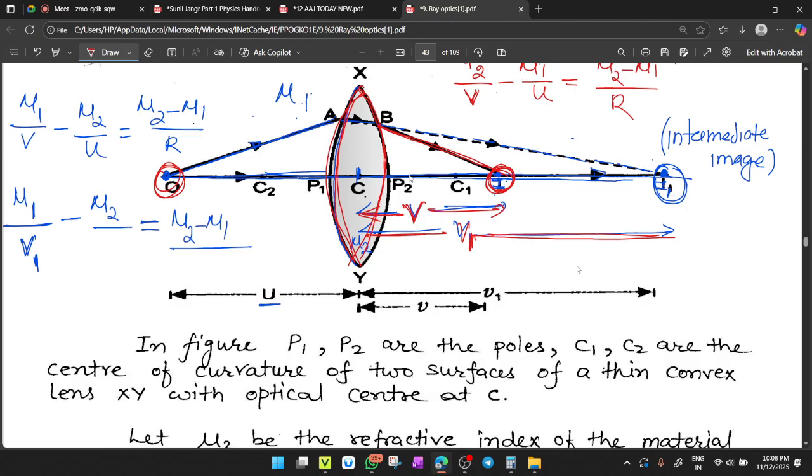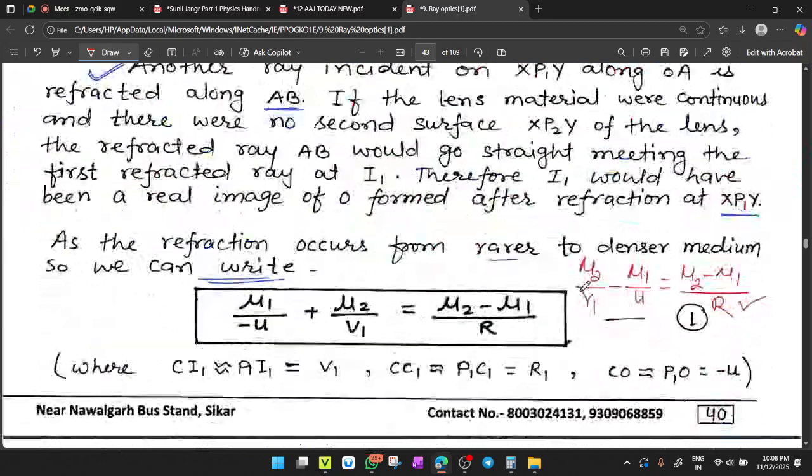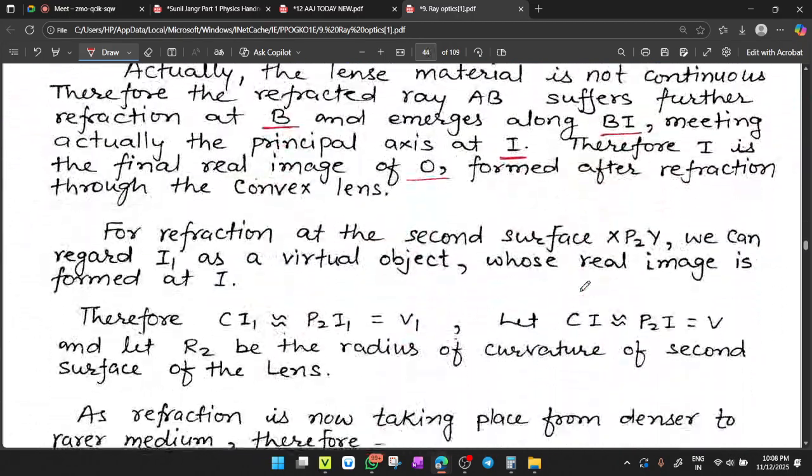But now, for formation of this image, this V1 will act as your object. This intermediate image will act as the object for the second phase. Clear or not clear? Check here. For the refraction at the second surface, x p2 y, the above part is x, the center one is p2, and the below one is y.